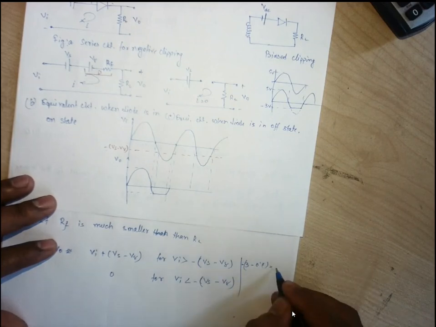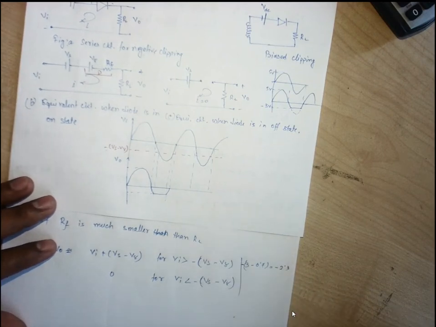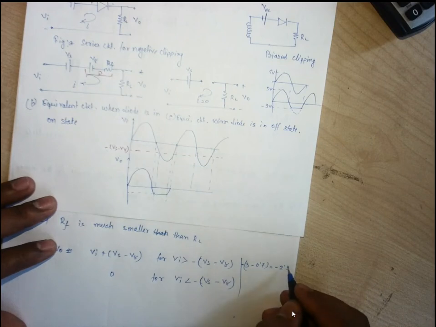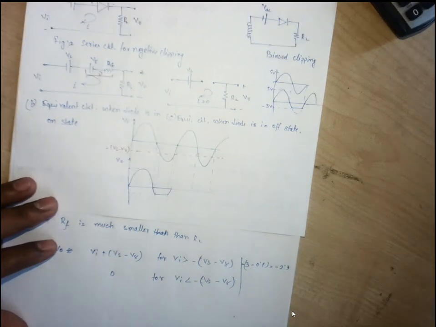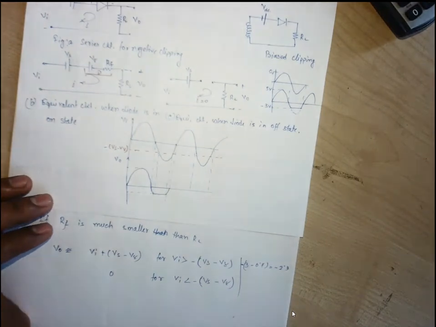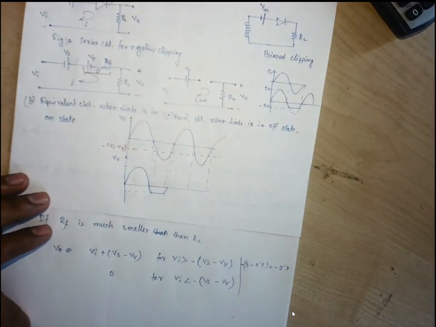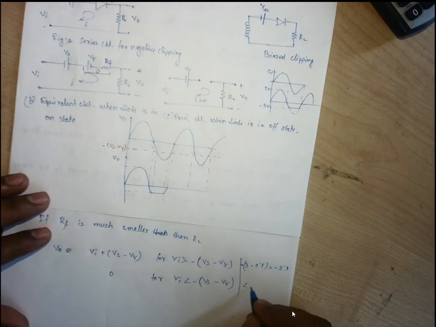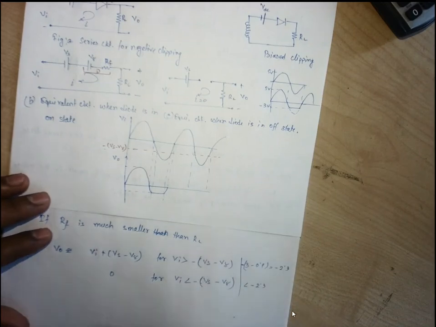So it is coming out as minus 2.3, right? Minus 2.3. If we maintain beyond that, then only our diode will be on. Now if we go less than minus 2.3, then our diode will be off.